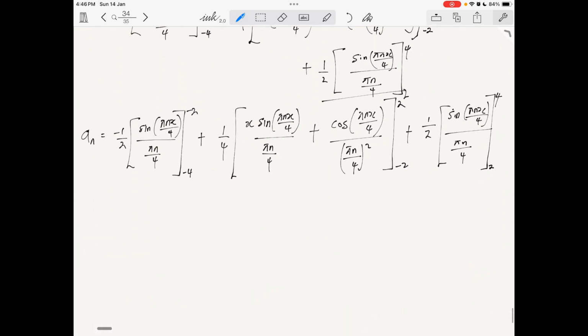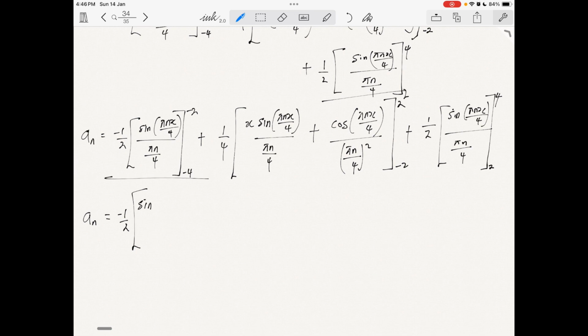Now let us slot in our upper and lower limits. Putting in our upper limit and lower limit, we have that a_n is equal to -1 over 2. Let's put the upper limit for this and the lower limit. So we have sine.